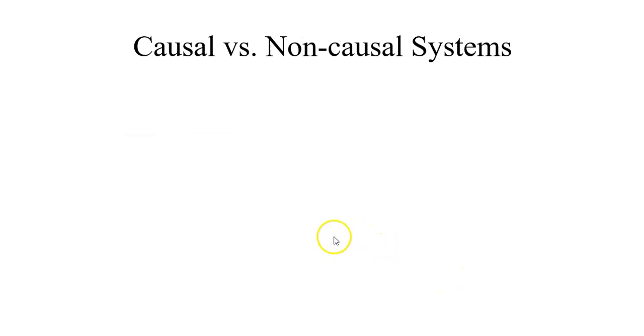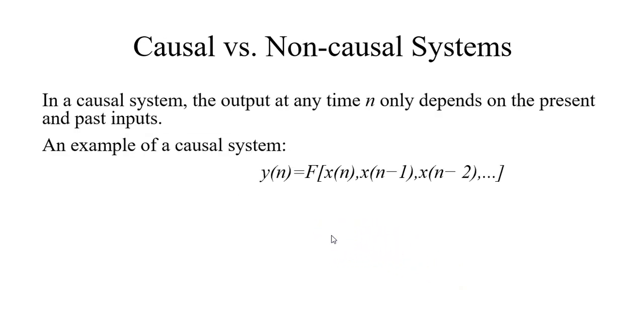There is also what we call causal and non-causal systems. In a causal system, the output at any time n only depends on the present and past input. See, it depends only on the present and the past, but not on the future, and this we call a causal system. An example of a causal system is y of n equals x of n minus 1, x of n minus 2, and so on. All other systems are non-causal.